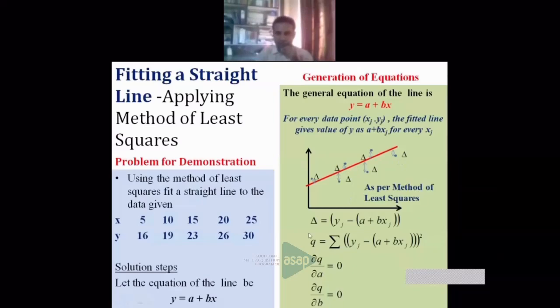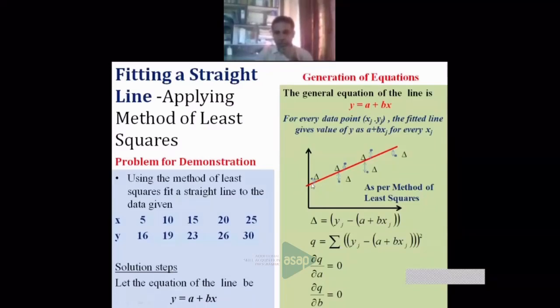Generalizing this statement, I would write delta as the difference: every y coordinate minus the y coordinate given by this equation for every x. So this is y1 minus (a plus b x1), where a plus b x1 is the y on the line. The next difference is y2 minus (a plus b x2).